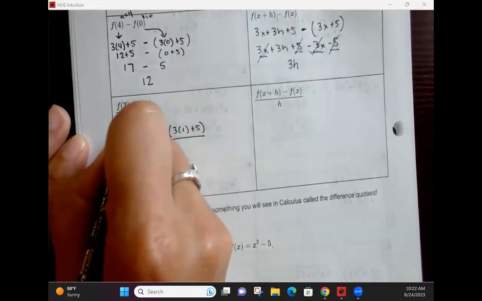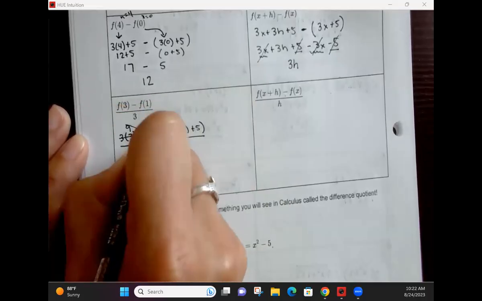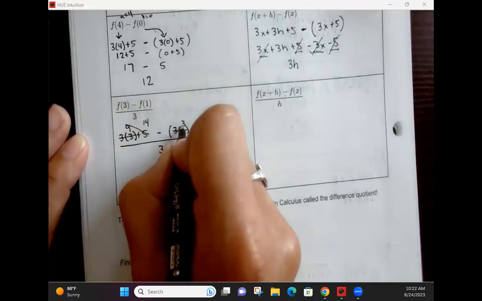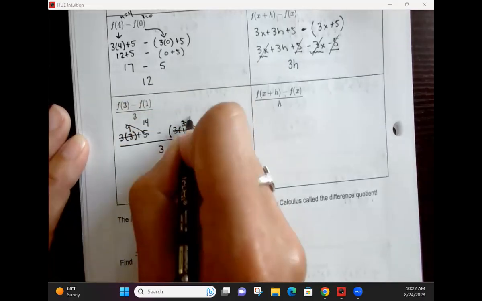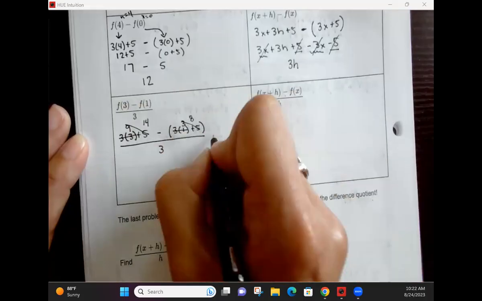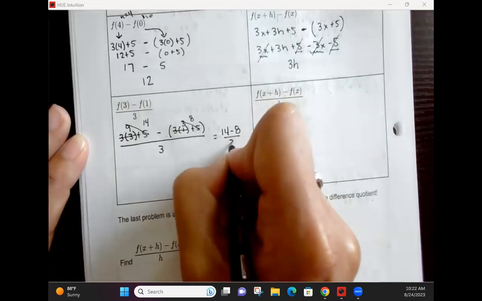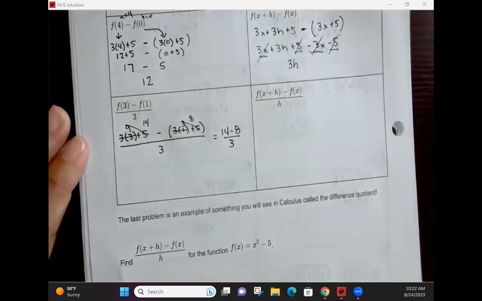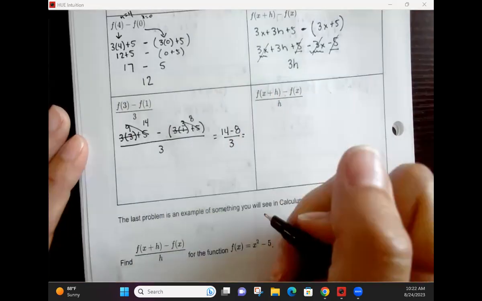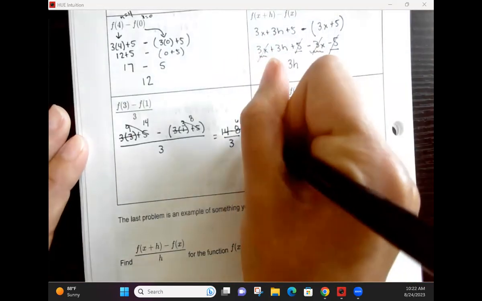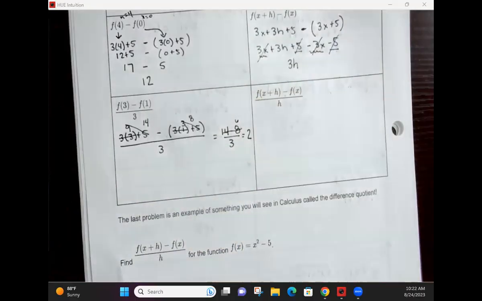So this would be 9. 9 plus 5 is 14. 3 plus 5 is 8. So we get 14 minus 8 divided by 3. That would just be 6 over 3, which is 2.